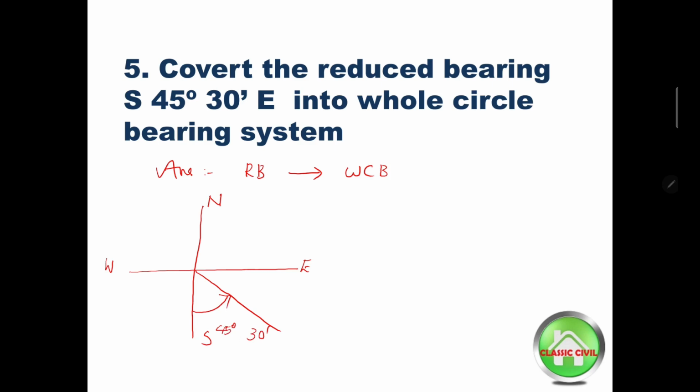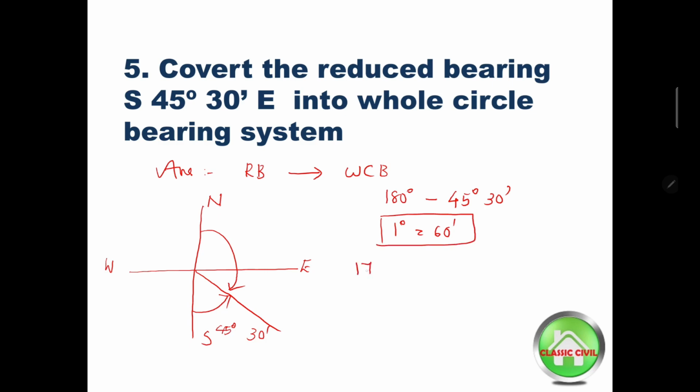We need the angle in whole circle bearing system, that is this much angle. This is 180 degree minus 45 degree 30 minute. We know 1 degree is equal to 60 minute.